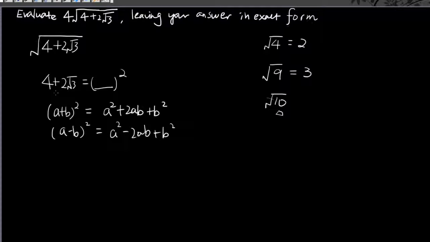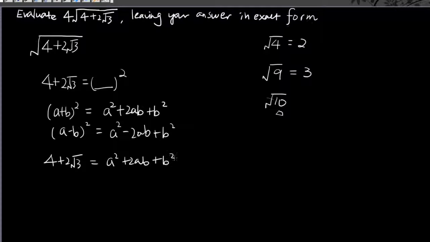So we look at 4 plus 2 root 3. Which one is more suitable? I will say the first one, because the 2ab is a positive term. The other identity, because of the negative sign, would not be that appropriate in this question. So let's assume 4 plus 2 root 3 equals a squared plus 2ab plus b squared.